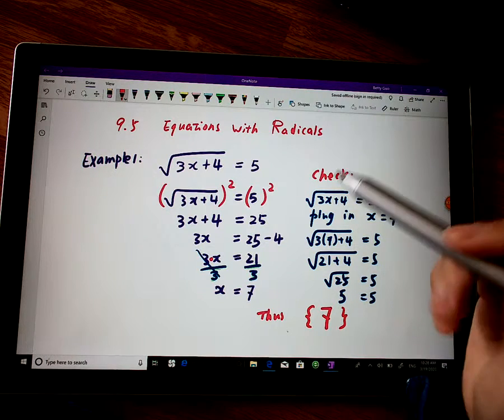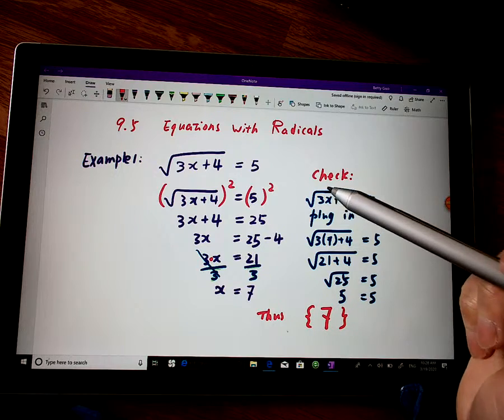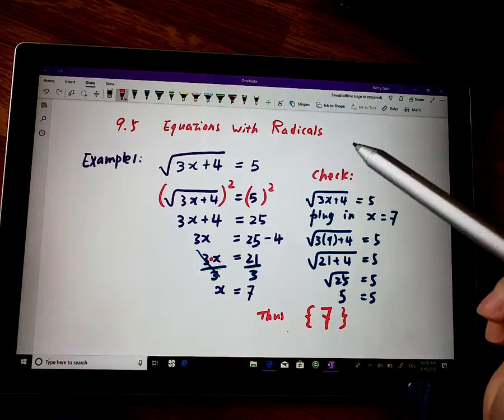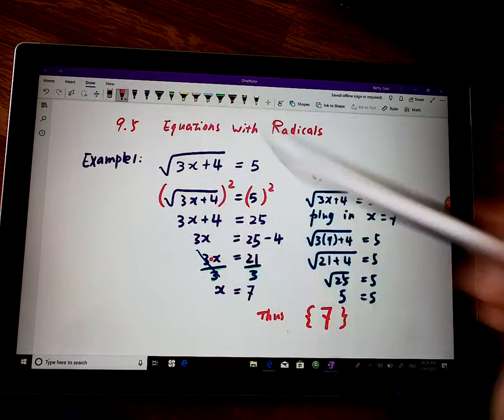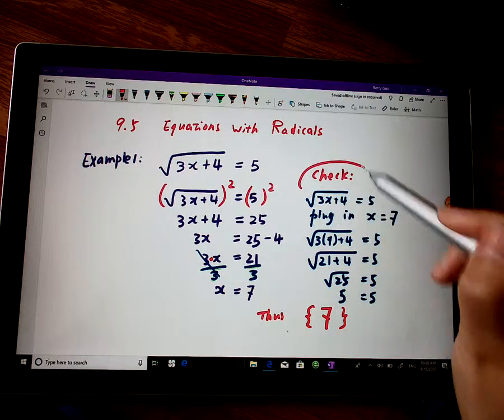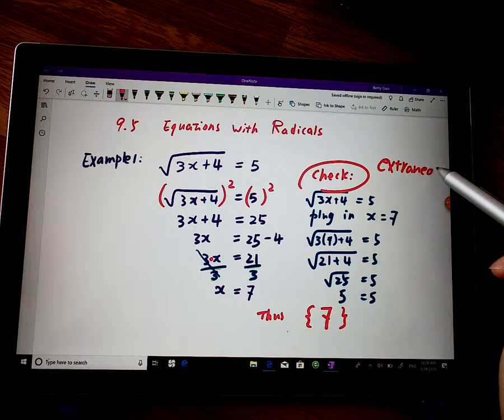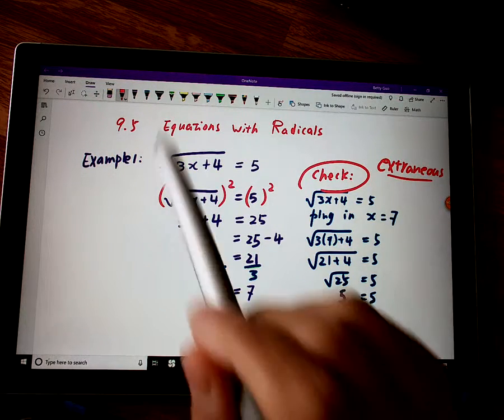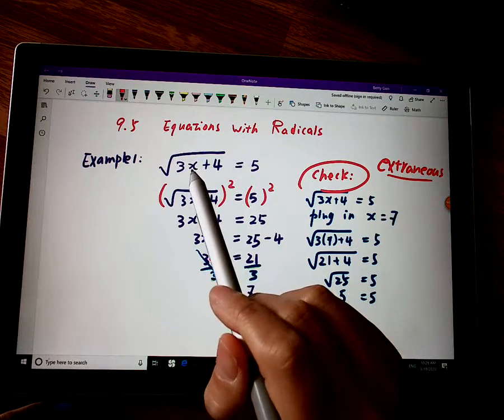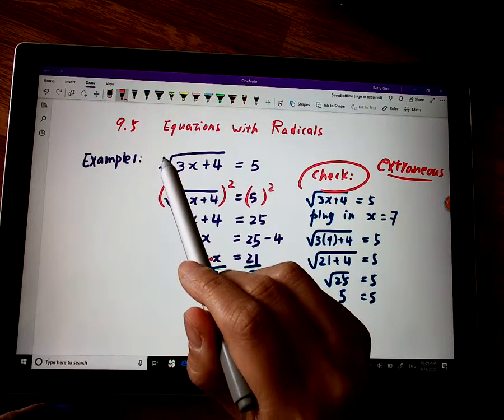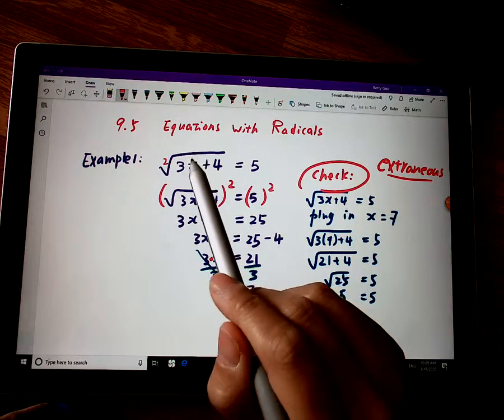Let me explain why we might possibly have an extraneous solution, and why we need to check. Look at the original equation. This is a square root. The root number is even.